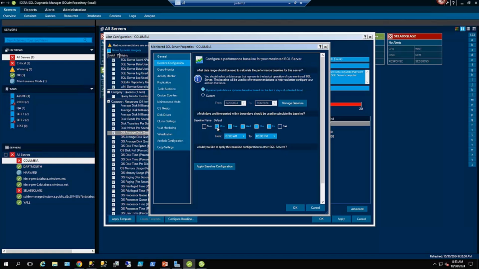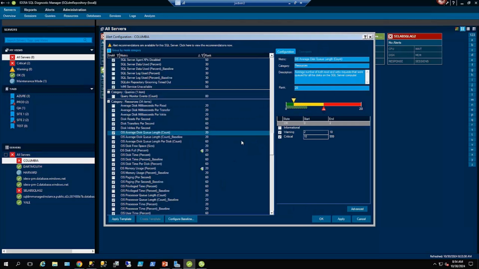By default, we generate that baseline Monday through Friday, I think 7 a.m. to 6 p.m. is the default setting. But the baseline utility will figure out how this server utilizes resources, and it will adjust accordingly, making your metrics adjust based on the hour of the day and day of the week.